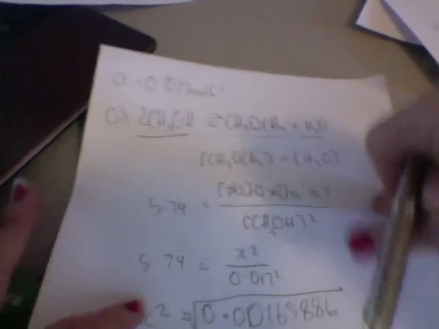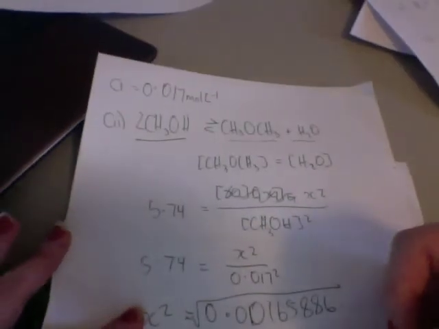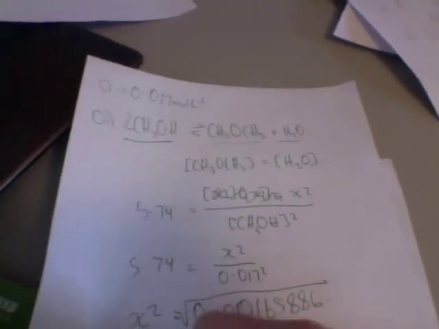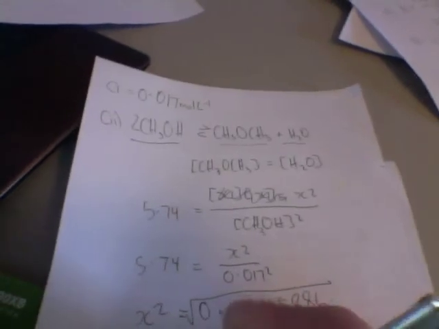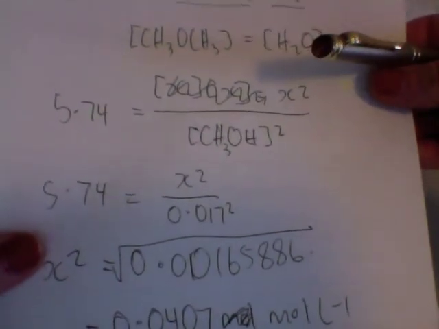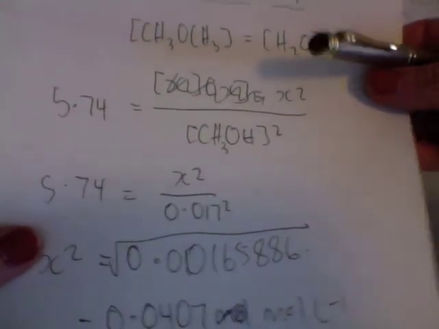If we produce 0.815 mole of dimethyl ether, how much methanol was needed initially to produce that?